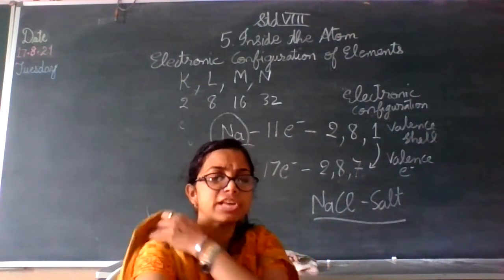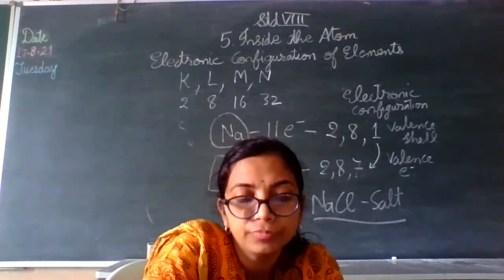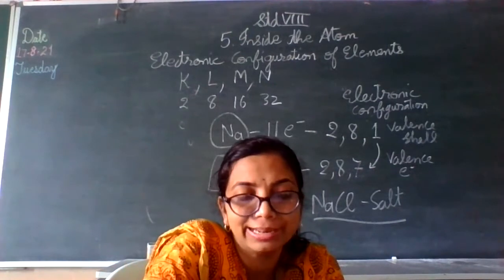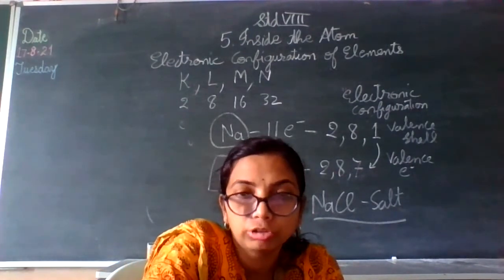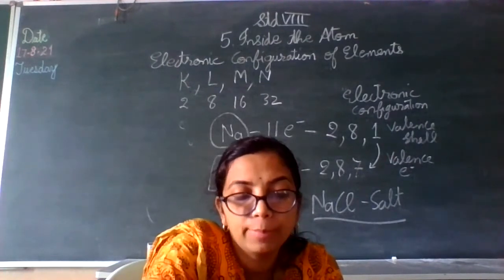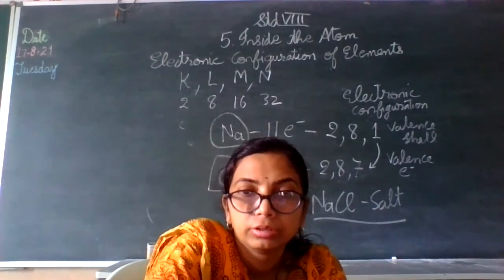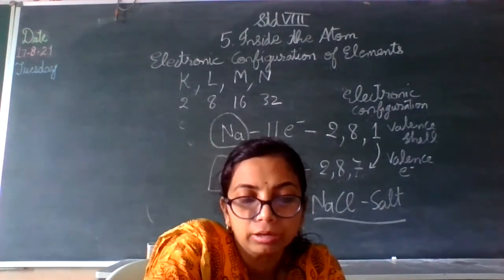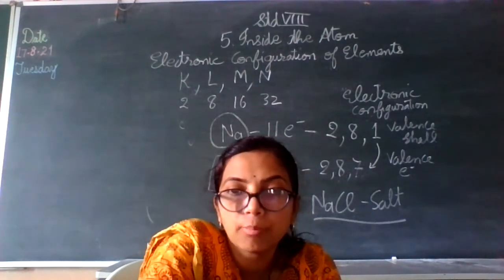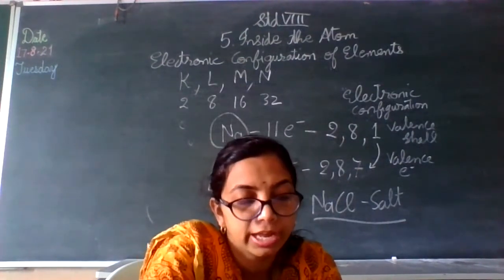But in case of certain other elements like carbon and sodium, the outermost shell electrons, that is the valence electrons, will be different compared to the atomic number, the Z value, the number of protons present in the nucleus of that atom.